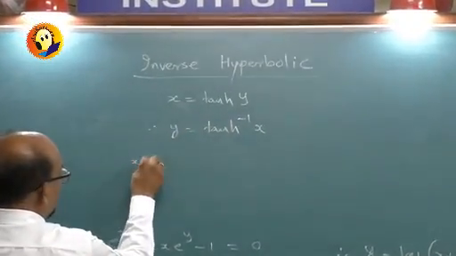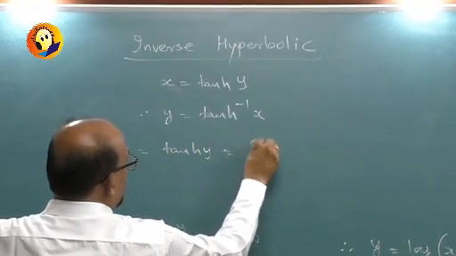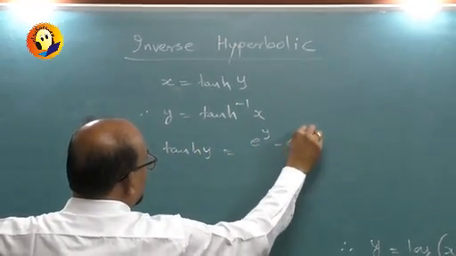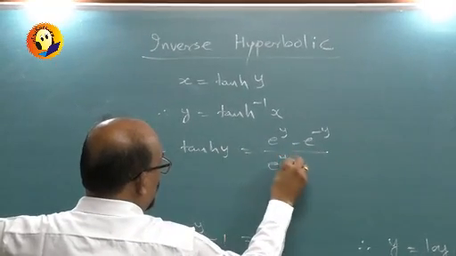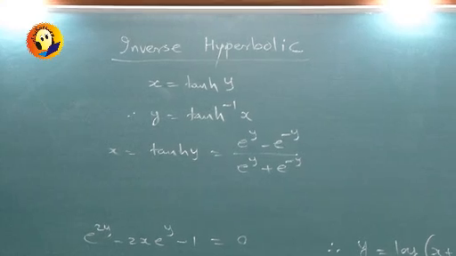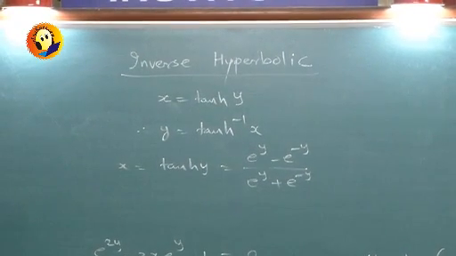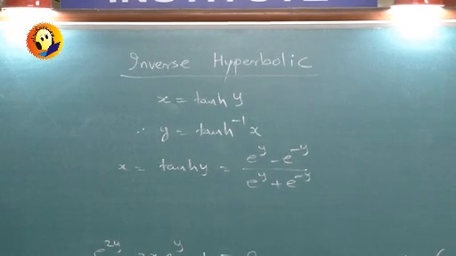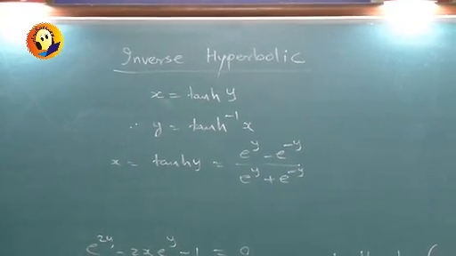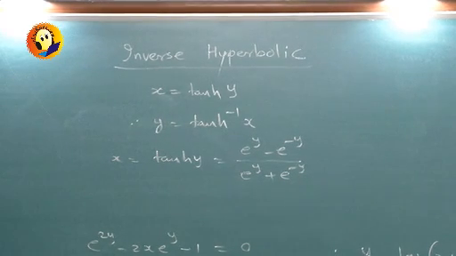We again start with x is equal to tan y, which is e raised to y minus e raised to minus y upon e raised to y plus e raised to minus y. And we will not go for anything further like an equation.